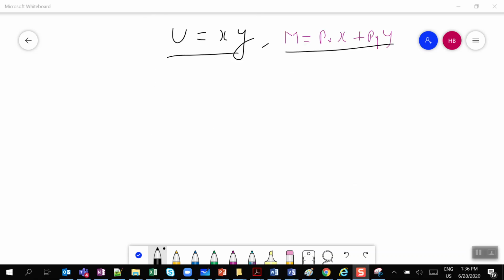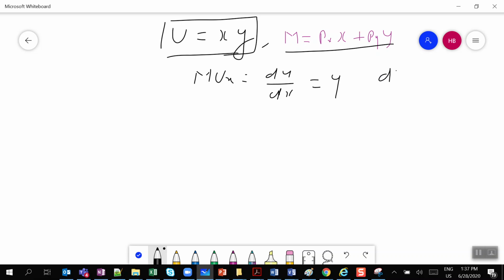Now just to see one small example of how to derive your indirect utility function. Consider your direct utility function is u(x,y) equal to xy, and your income constraint m is equal to pxx plus pyy. Now in order to derive it, by using our Lagrange function, we know that your marginal utility mux, which is du by dx, will be y, and similarly du by dy is equal to x.